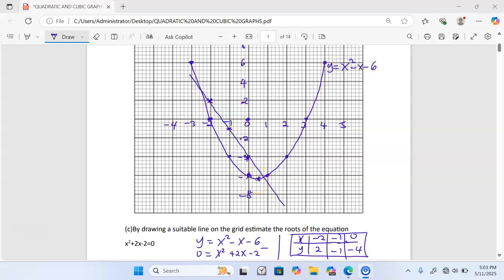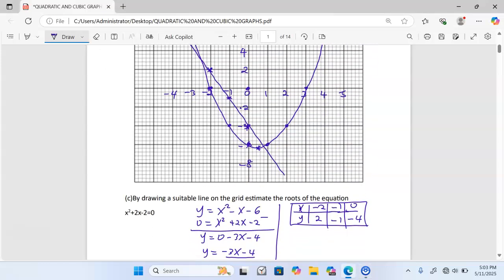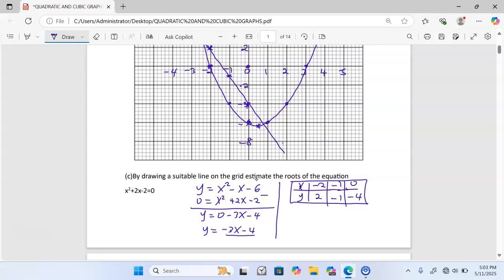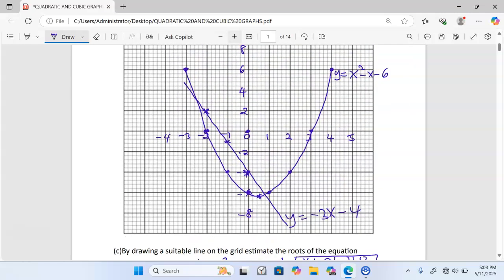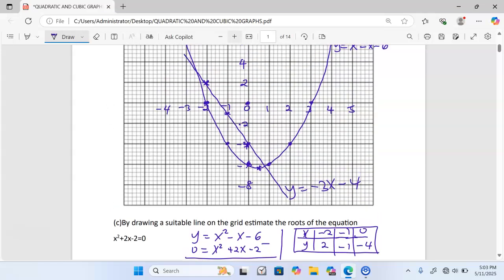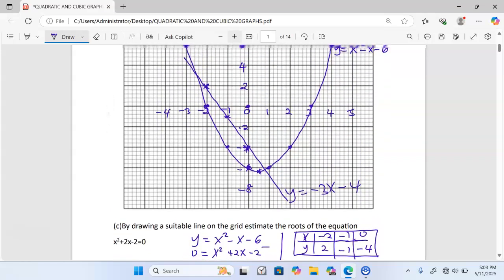After joining all these points here now, we can come and again name this line that we have drawn. And this line is actually y is equal to -3x minus 4. Again, without naming that particular line there, a student may not be able to earn a mark there.